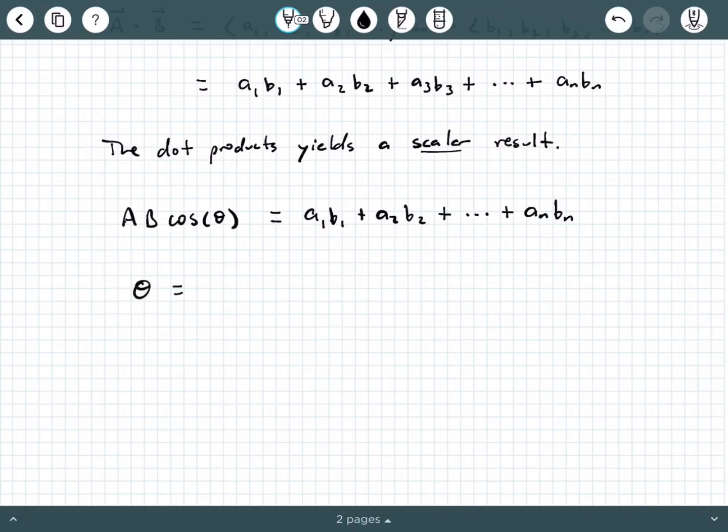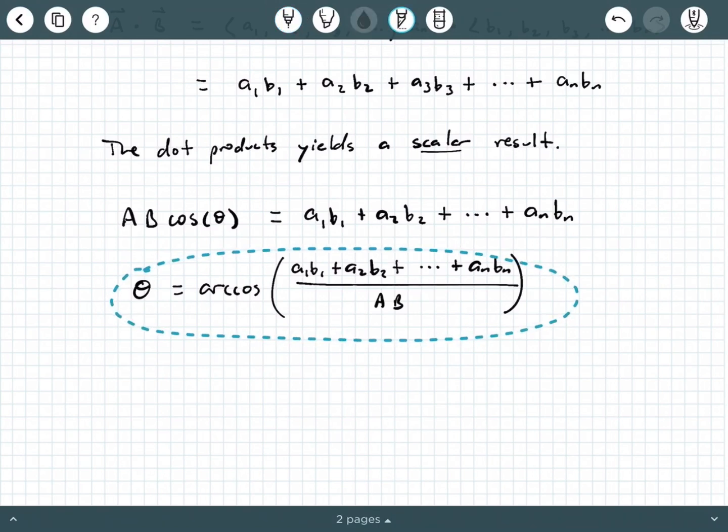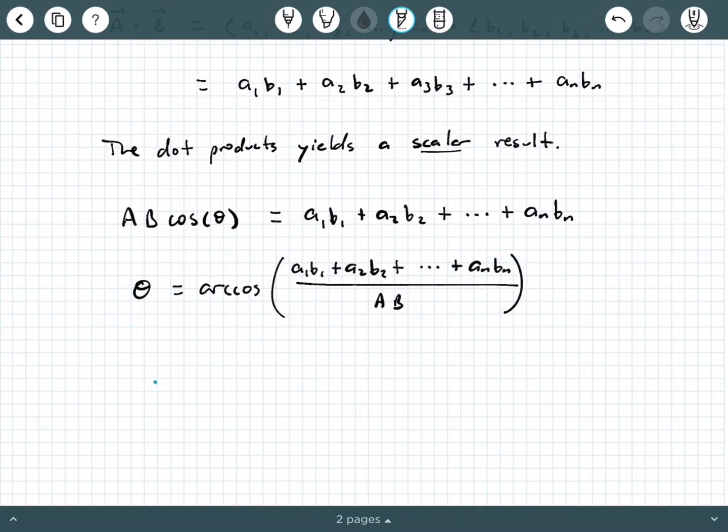So we can say theta turns out to be the arc cosine of A1 B1 plus A2 B2 plus dot, dot, dot plus AN BN, all divided by the magnitude of A times the magnitude of B. So this is a handy form of this relationship if what you're looking for is the angle in between these two vectors A and B. Okay, so again, none of this is probably brand new to you because you've probably seen the dot product a little bit in a math course or physics, but maybe this will refresh your memory on some of this material.